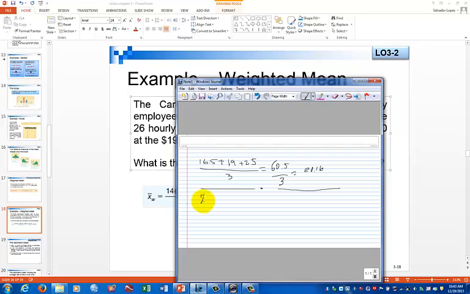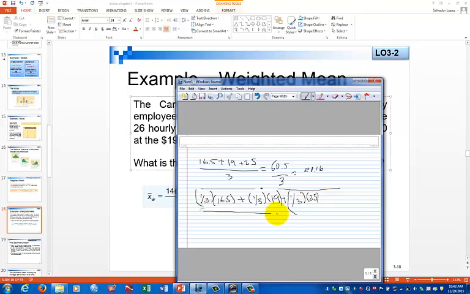In this case, we have 1/3 times 16.50 plus 1/3 times 19 plus 1/3 again times 25.